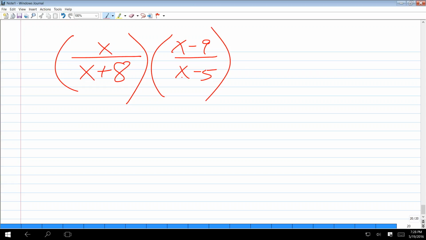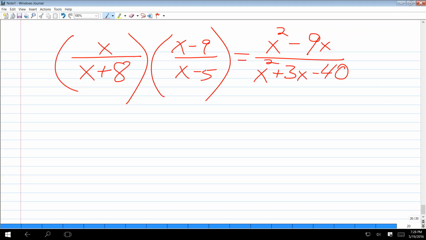So the best thing I can do, and I don't see how it's going to help, but let's try it, maybe it will help, multiply the tops together, multiply the bottoms together, but there's no way that's going to do anything. And that's not going to allow me to do anything more. Right. The only way that would help is if now I can factor this into something other than these two factors, but you never can.